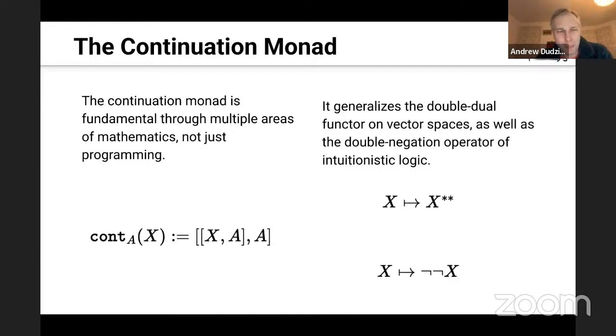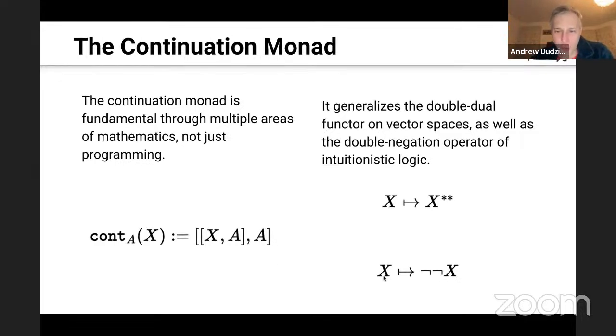But there's more, because in logical systems, if I have a lattice of truth values, I would often model the negation of X as being X implies false, the hom from X to false.